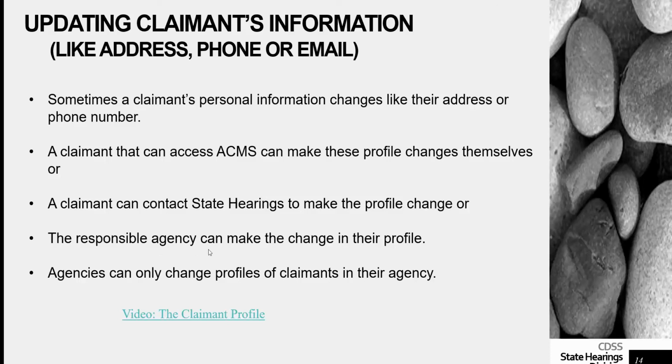You, as a responsible agency user, you can make that change, or you can refer them to us here at State Hearings, and we can make that change for them. And agencies can only change profiles for claimants that are within their jurisdiction. And again, if you need more information about that claimant profile, we do a deep dive video, and that video is called The Claimant Profile. Check it out.